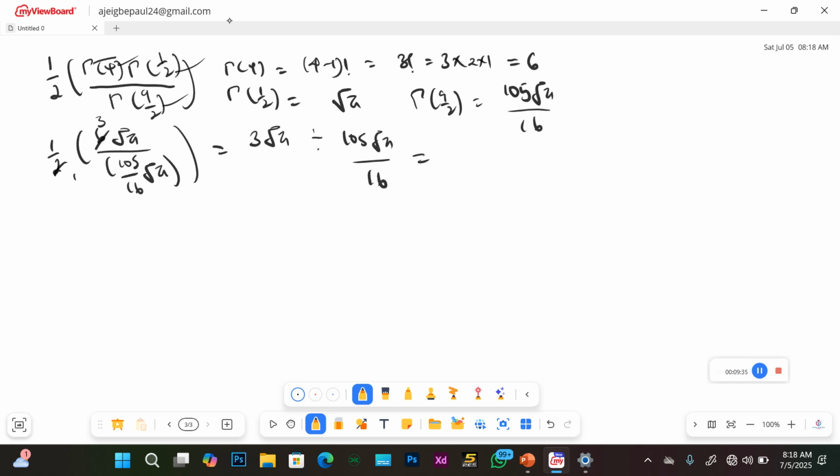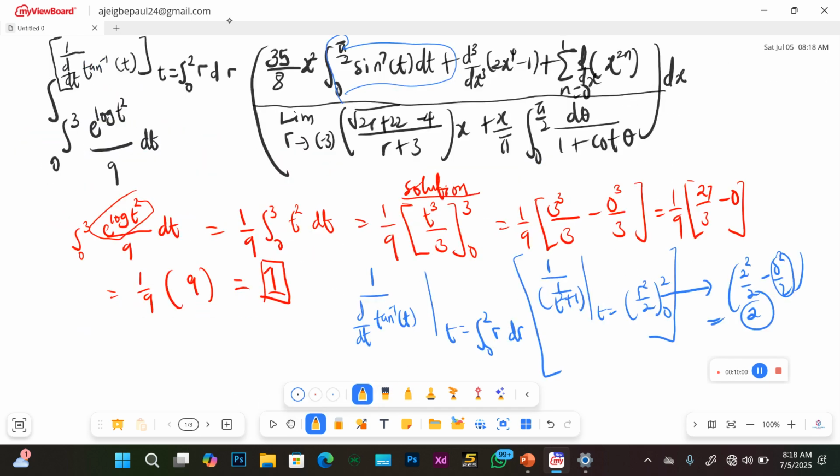So this is going to reciprocate, turning the division sign to a multiplication sign. So that will be 3 root pi multiplied by 16 over 105 root pi. You can see that root pi cancels root pi, 3 in 3 is 1, 3 in 105 is 35. So we have 16 over 35. Okay, so that integral is 16 over 35.